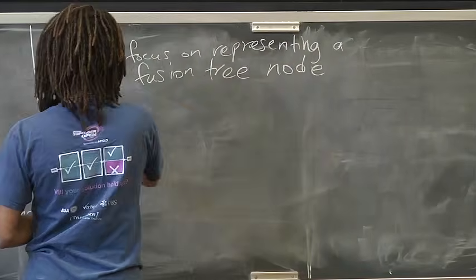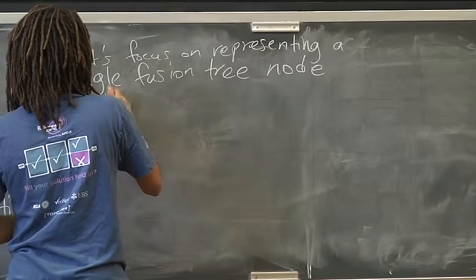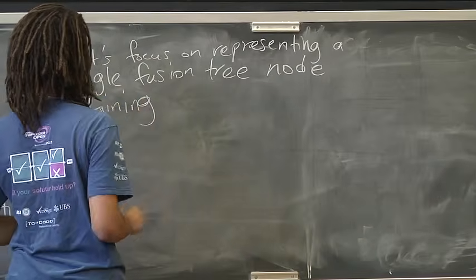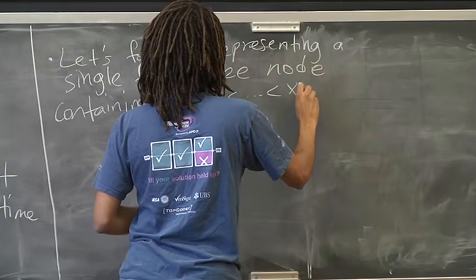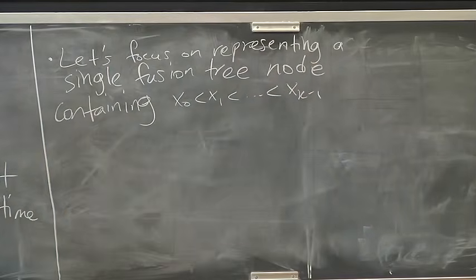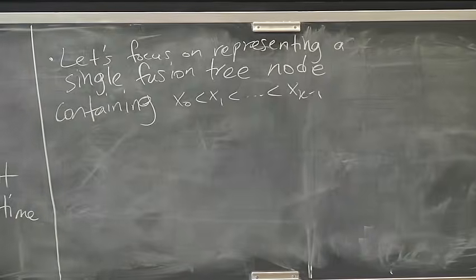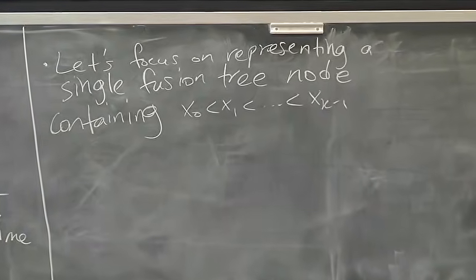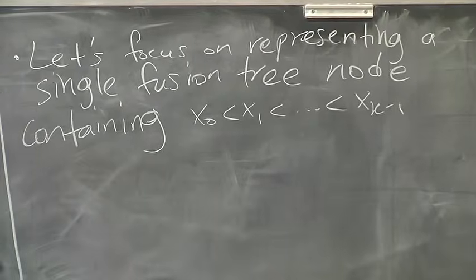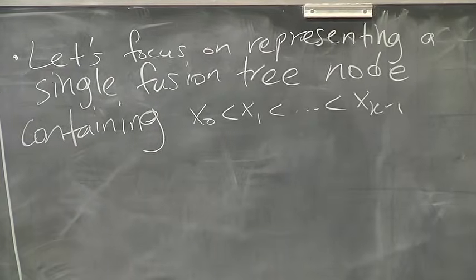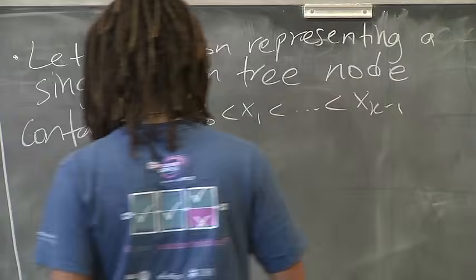And it contains k keys x0 less than x1 less than dot dot dot less than x sub k minus 1. Okay. So let me draw a nice picture to convince you that we can get away with using less than w to the 6/5 bits to represent a single fusion tree node.